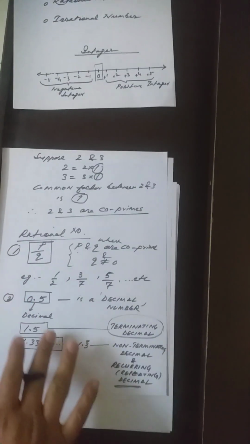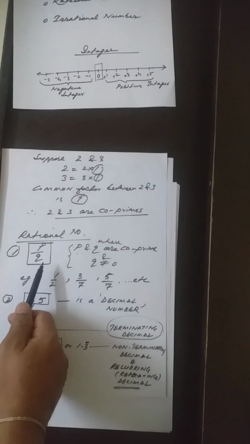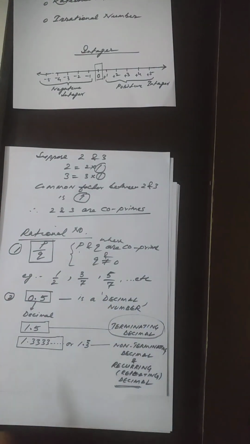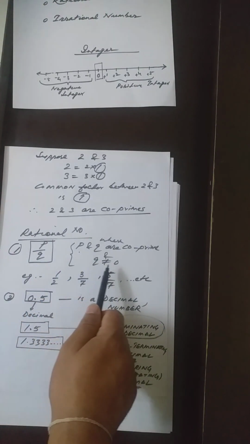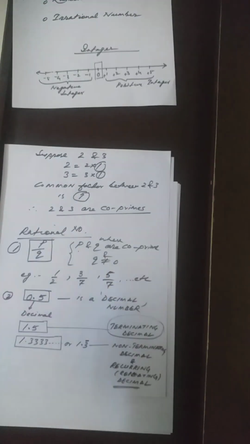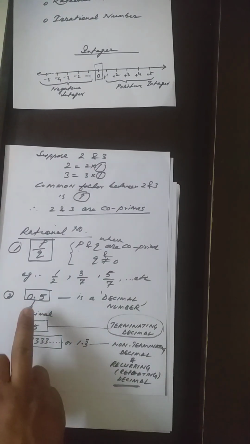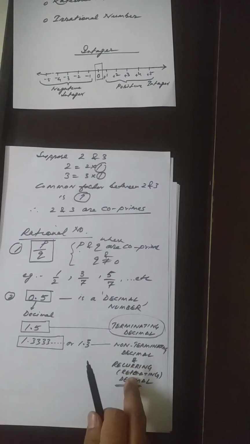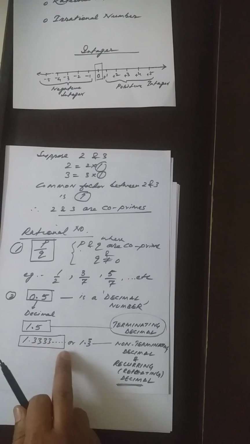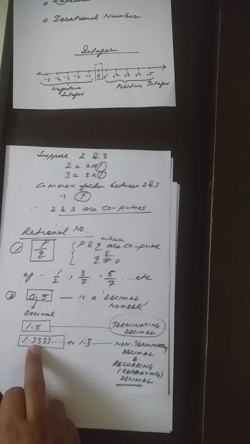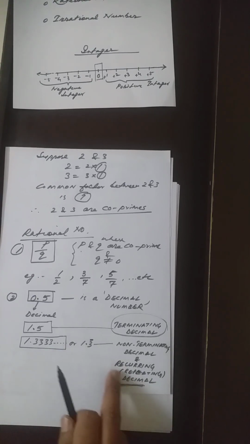So we have three basic properties of rational numbers. One, any number which can be written in the form of p by q, where p and q are co-prime and q, the number in the denominator, is not equal to 0, such numbers are called rational numbers. And two, when a number is written in the form of decimals, it must exhibit these two properties. One, the number must be terminating. Second, if the number is not terminating, then the digits should repeat, that is, the number should recur.